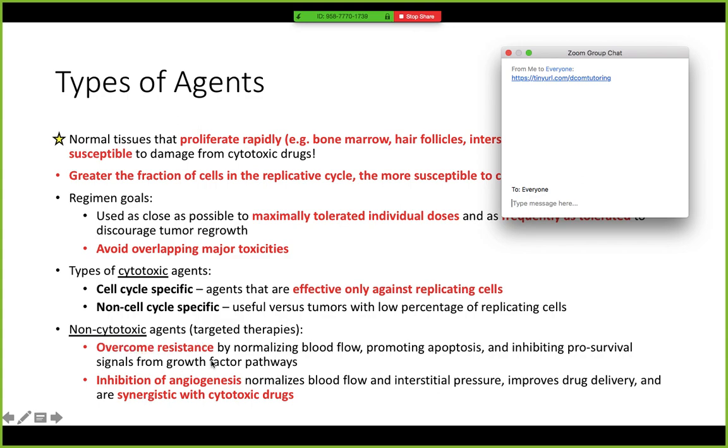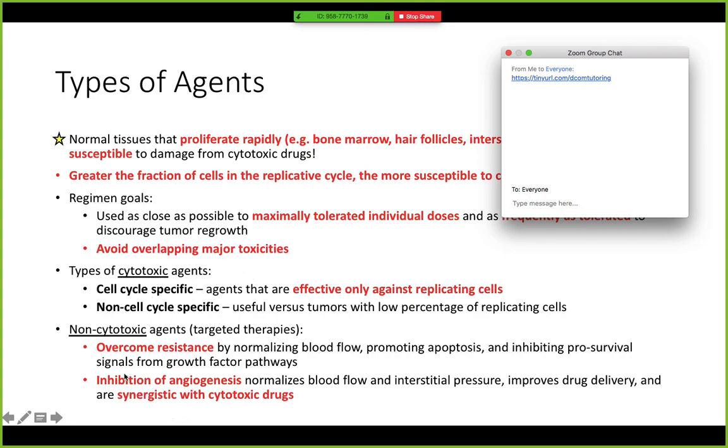They help overcome resistance by normalizing blood flow, promoting apoptosis, and inhibiting pro-survival signals from growth factor pathways. They also inhibit angiogenesis, which normalizes blood flow and interstitial pressure, allowing for improvement in drug delivery. And these are synergistic with your cytotoxic drugs, so basically they're allowing for improved delivery of some of these agents.